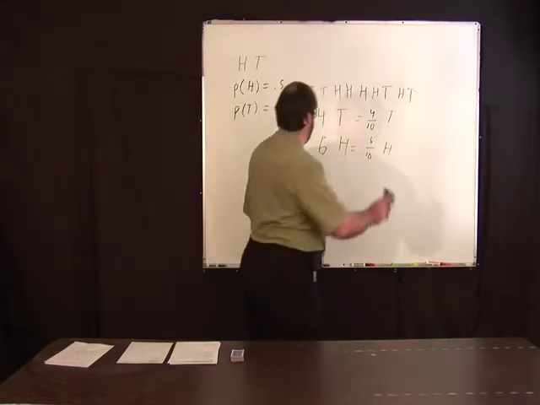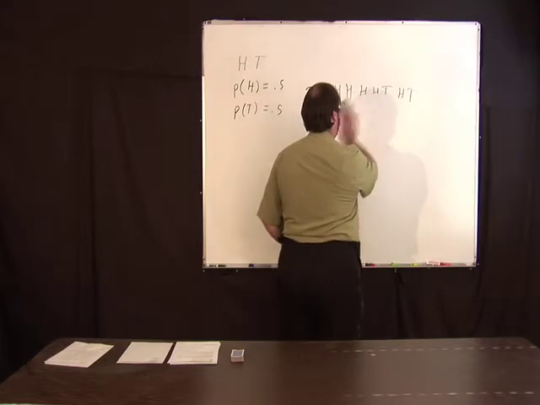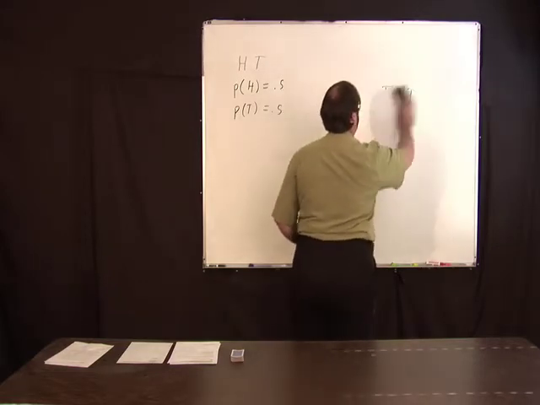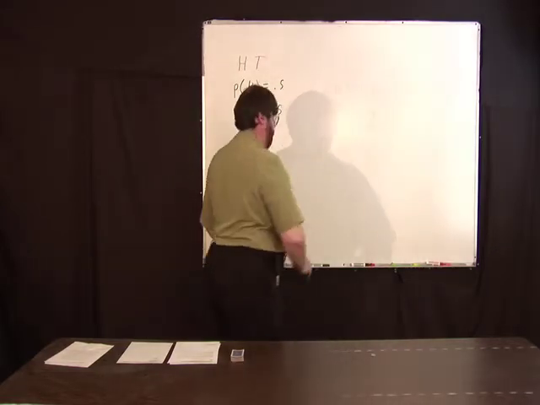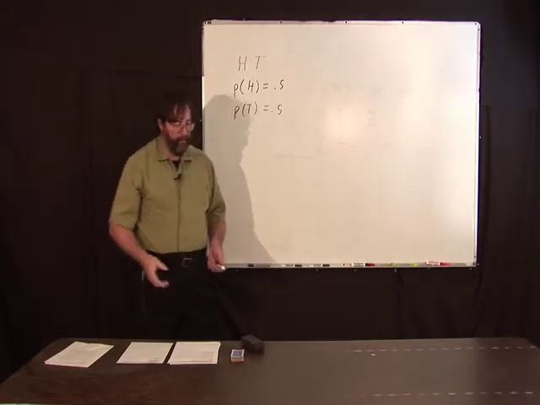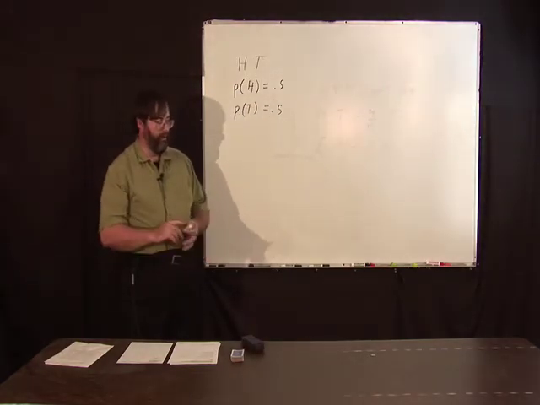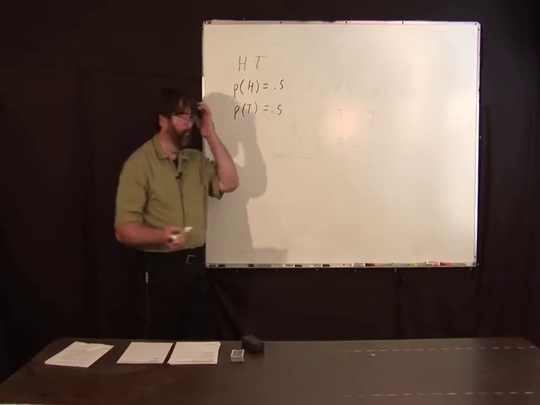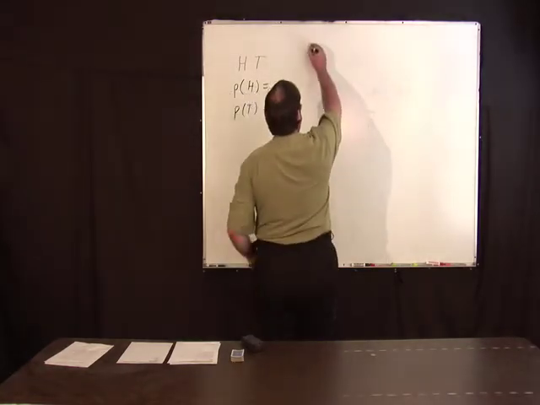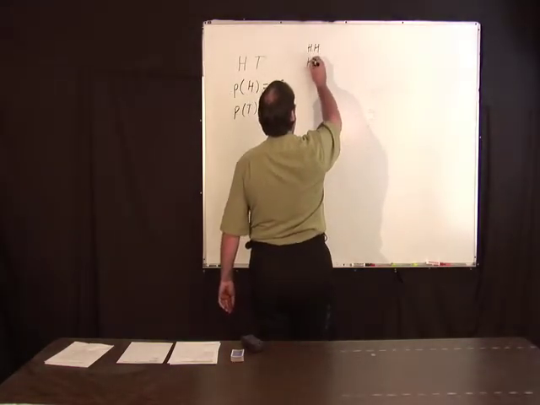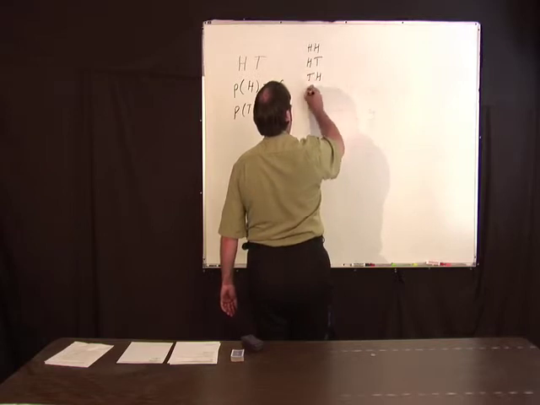Well, what is the probability of doing 2 heads in a row? Well, if the coin is fair, there are 4 possibilities, right? You can get a heads and a heads, a heads and a tail, a tail and a heads, or a tail and a tail.